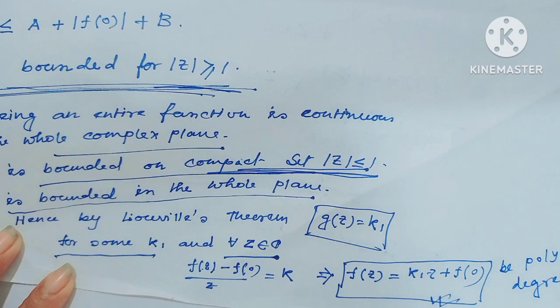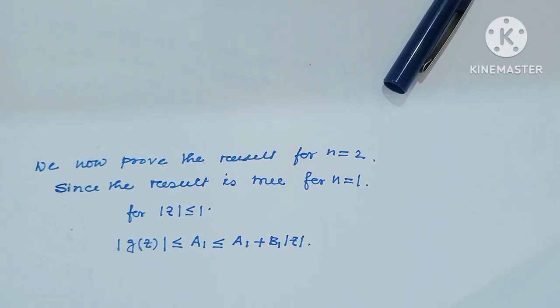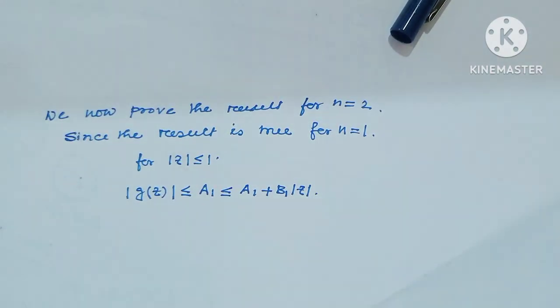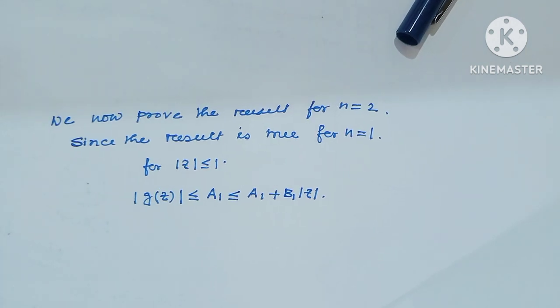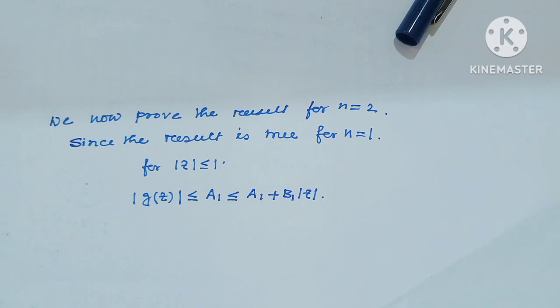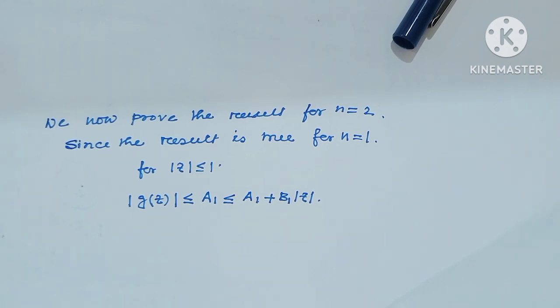Then for n equal to 2, I will prove this result is true for n equal to 2. Since the result is true for n equal to 1, then for mod z less than or equal to 1, modulus of Gz is less than or equal to a1, and since this is true for n equal to 1, we can write this is less than or equal to a1 plus b modulus of z.